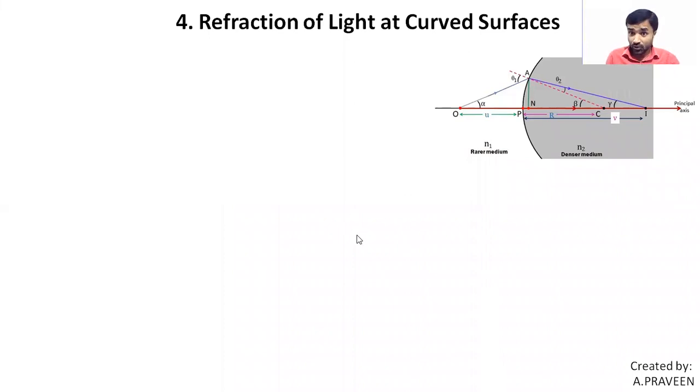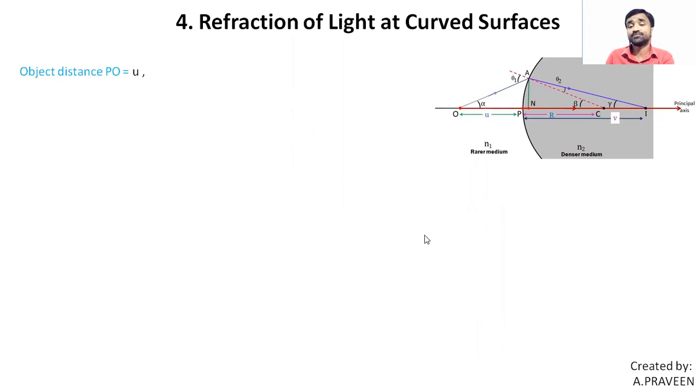Here, what you already represented, what is U or V? Anybody? What is U? What is V? What is R? Object distance. So U is object distance that is measured between P and O. What is R? Radius of curvature.